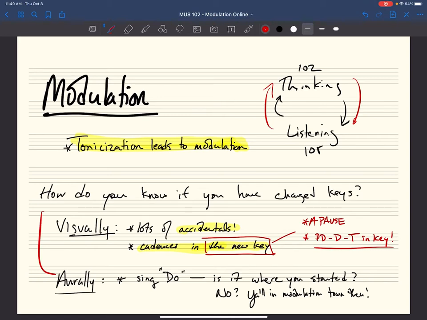Well, visually, you're going to start to see a lot of accidentals, and you're going to visually see cadences in the new key, right? And a cadence, we've been looking at phrases recently, right? That's a pause that has some sort of moment of repose, probably a pause, a breath, something like that.